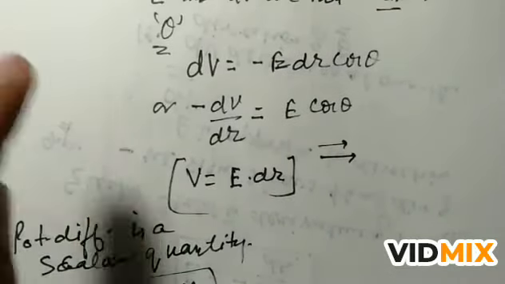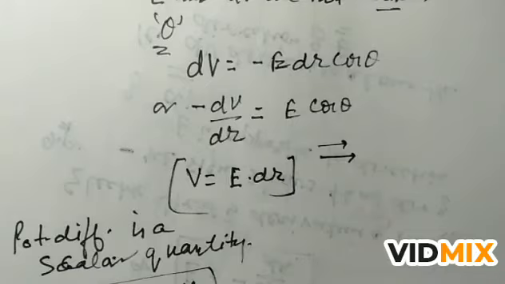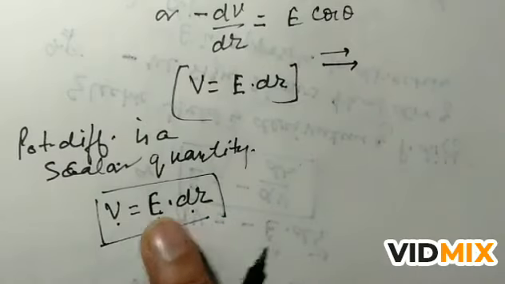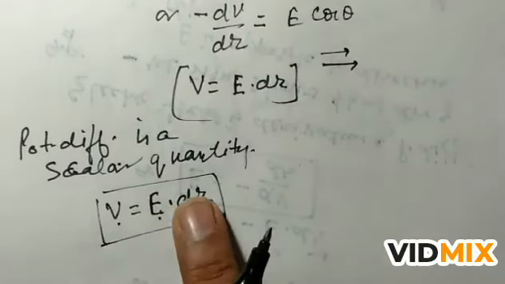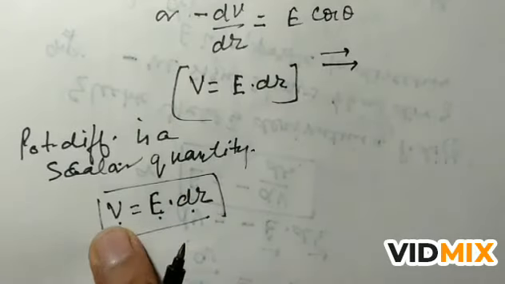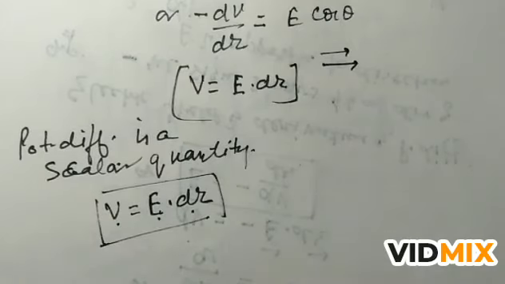That is V is equal to E dr cos theta. So this is also a good result, showing that potential is a scalar quantity because it is the dot product of two vector quantities.